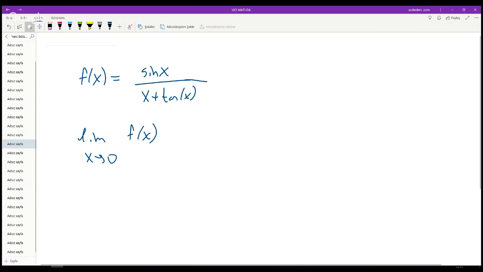We have f of x as sine x over x plus tangent x. When x goes to 0, we have sine 0 over 0 plus tangent 0, and therefore we have 0 over 0, and it is indeterminate.